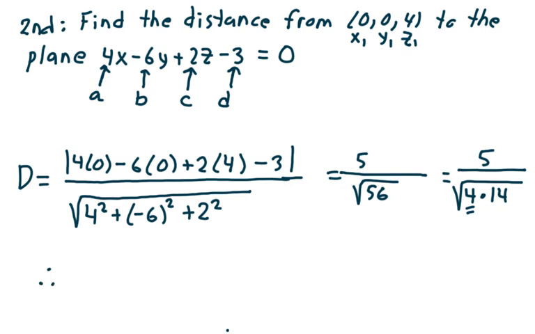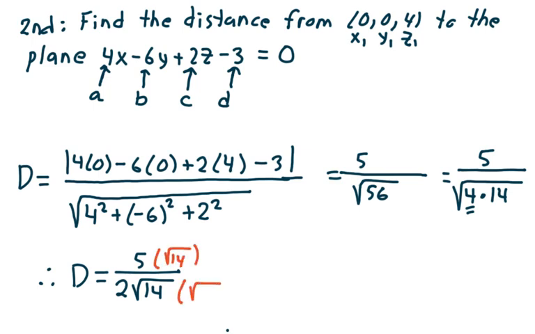And so, therefore, D is 5 over 2 times the square root of 14. Now, if I multiply the numerator and denominator by the square root of 14, I get 5 square root of 14 divided by 28. And that's how we do problem number 73.